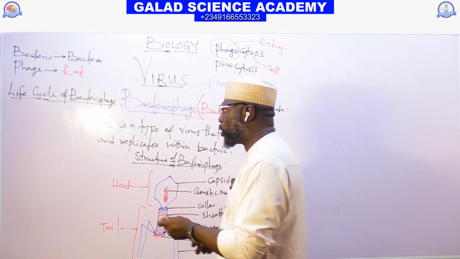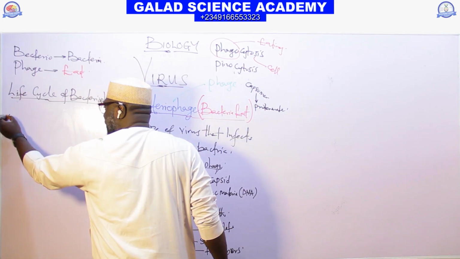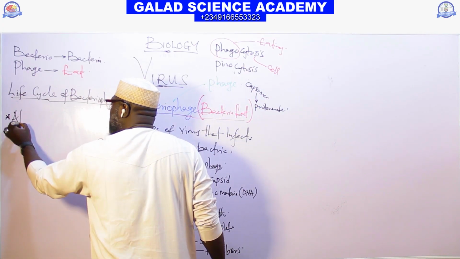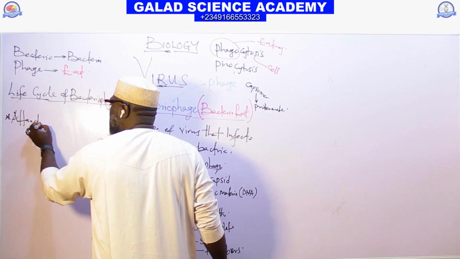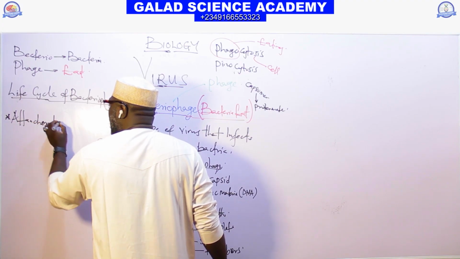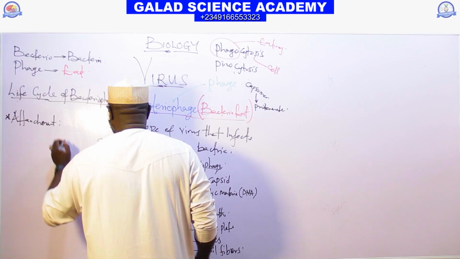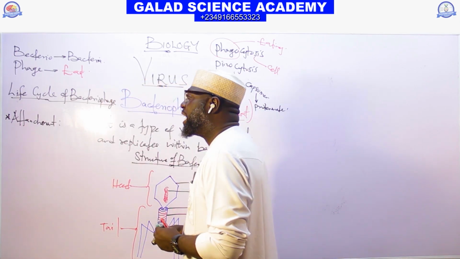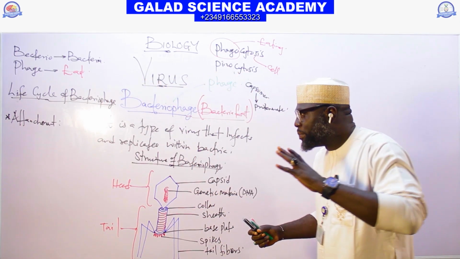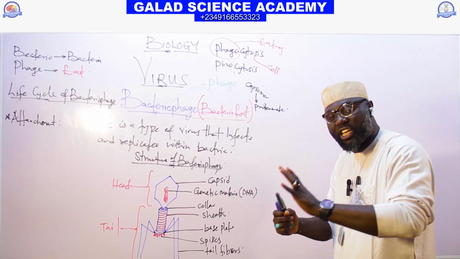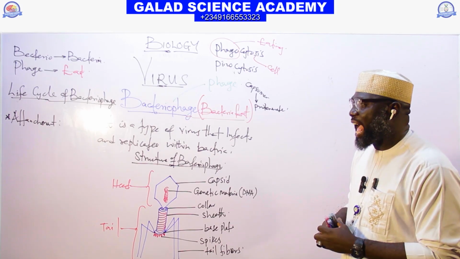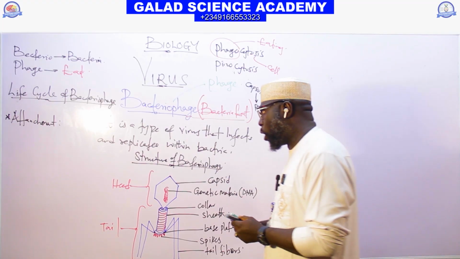What did I call the first one? I said attachment. What happens at attachment? The phage binds or attaches itself to the bacterial cell wall.